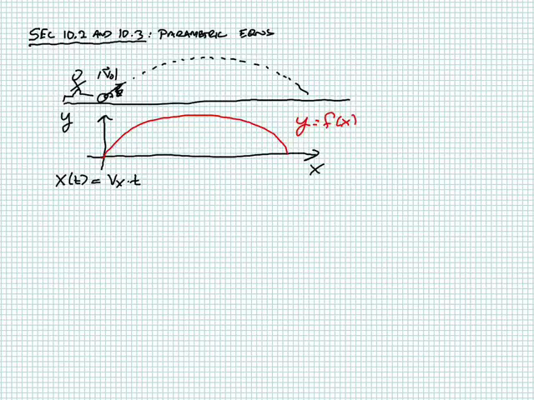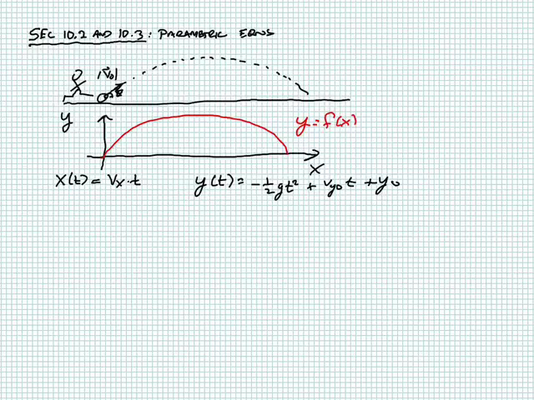And we also have y as a function of time, which is equal to minus 1/2 g times time squared plus v y naught times t plus y naught. Here we have these equations in time, but we don't really have y as a function of x.